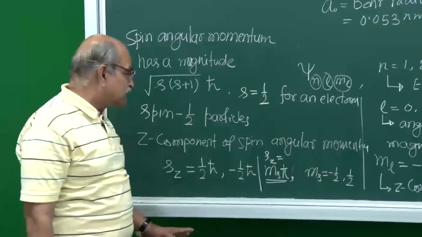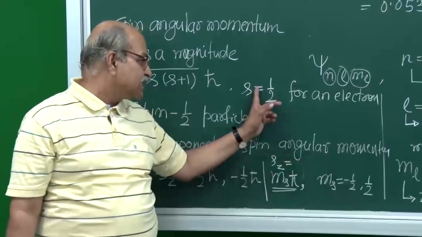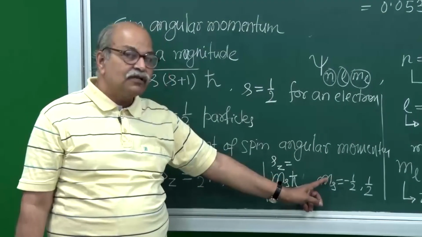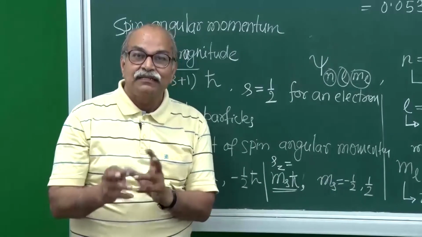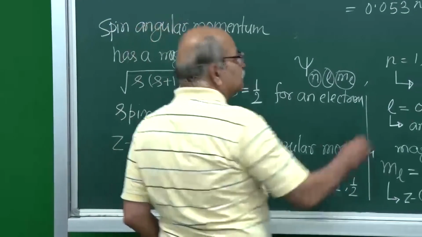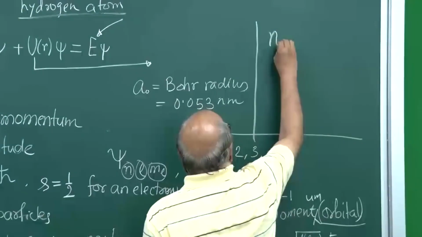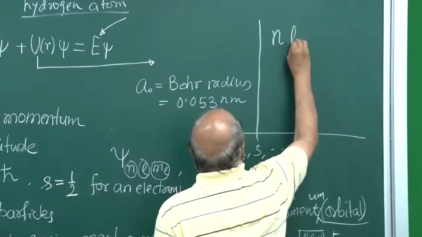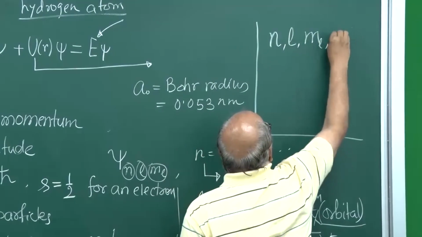And if you give this ms also, because S is anyway fixed, then the behavior of that spin part is also fixed. So if I give all 4 of them, if I tell what is n, if I say what is L, if I say what is ml, and if I say what is ms.